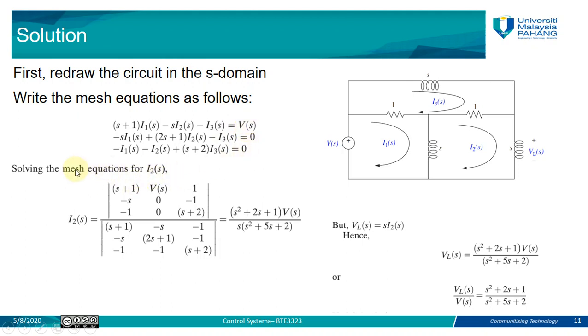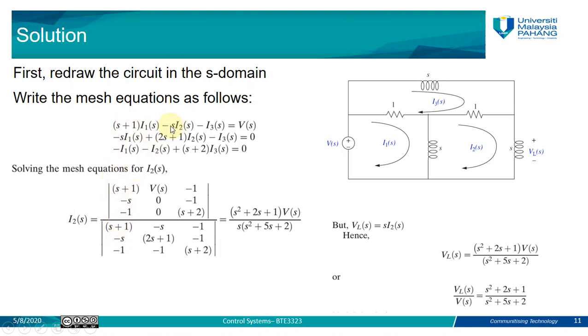Here we solve the mesh equations by using Cramer's rule. When we use Cramer's rule, we need to find the common determinant, which is delta, in the denominator, which is the coefficient of all variables. So: s plus 1, negative s, negative 1.